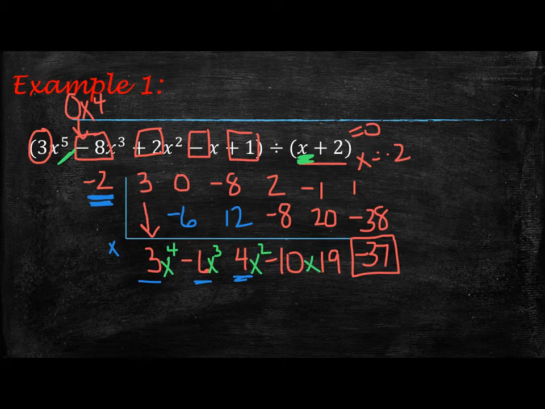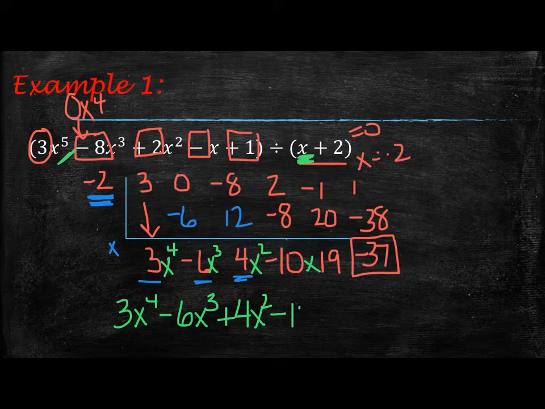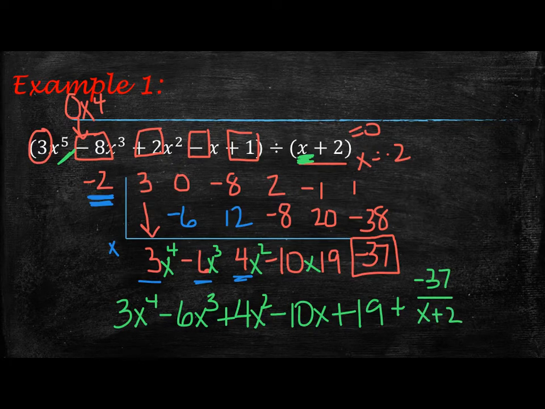So what it's going to look like is 3x to the 4th minus 6x to the 3rd plus 4x squared minus 10x plus 19, and then this is going to be a remainder. So plus negative 37 over the divisor x plus 2.